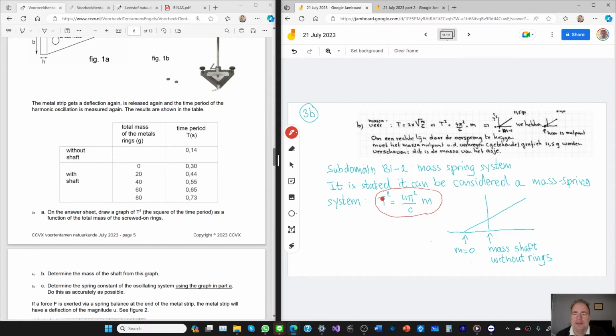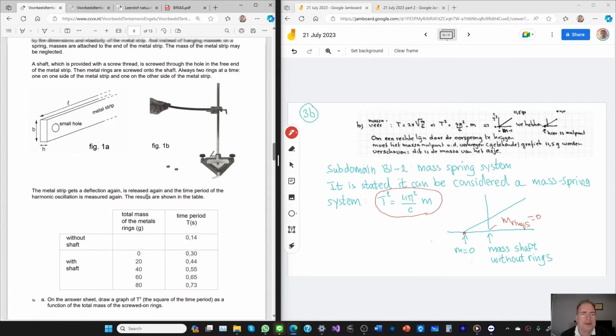And so knowing this, it means that if you plot t² as a function of m, the intercept is where the mass is 0 or approaches 0. And then we also know from the graph we made that at this point there are no rings. So here the mass of the rings is 0. So we only have the mass of the shaft.